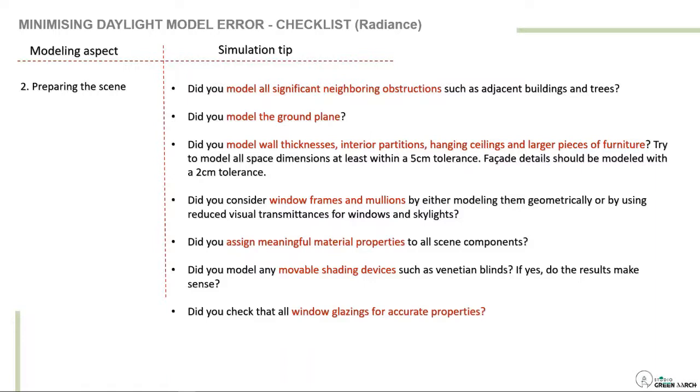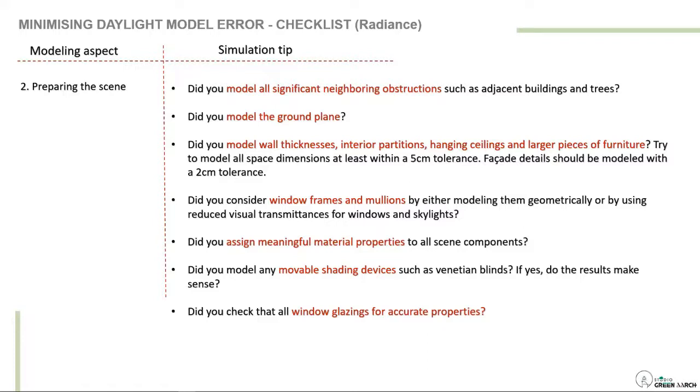So you should always ask the question, how much reality is needed in a particular simulation, and how much it is changing your result. For example, if a tree is very far away from a site and by not modeling it and not including it in the simulation, I can find only a 10 lux level difference in my space, so I will not model that thing.